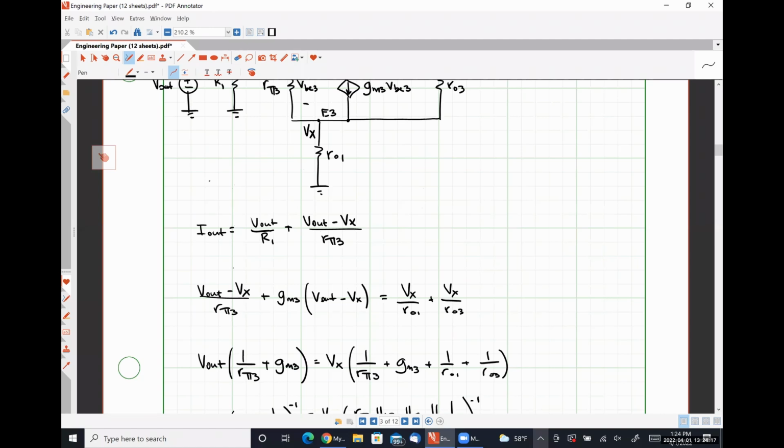And I'd be willing to bet, based off of your knowledge, that a common emitter amplifier has a gain of negative GM R0 in parallel with RD, and a common gate amplifier has a gain of positive GM R0 in parallel with RD. So I'd be willing to bet that the short circuit transconductance is negative GM. Yeah.